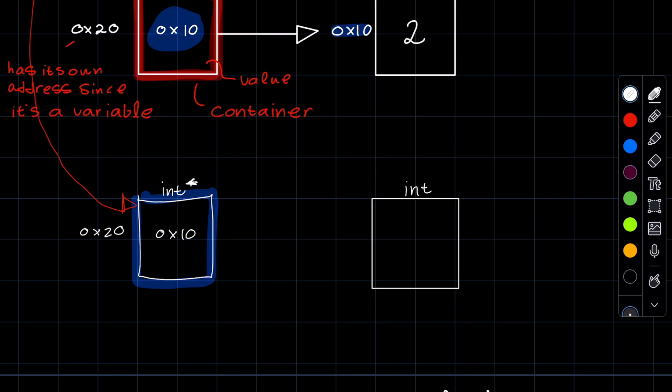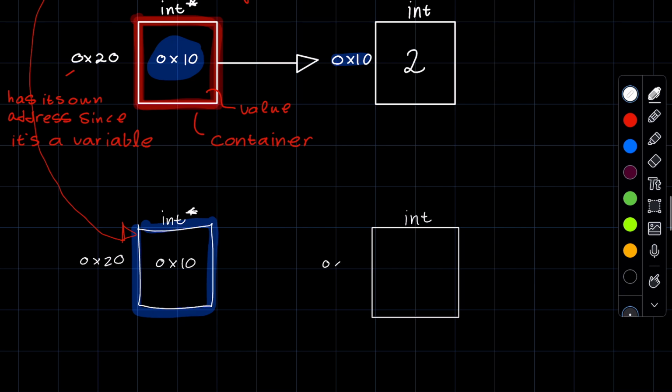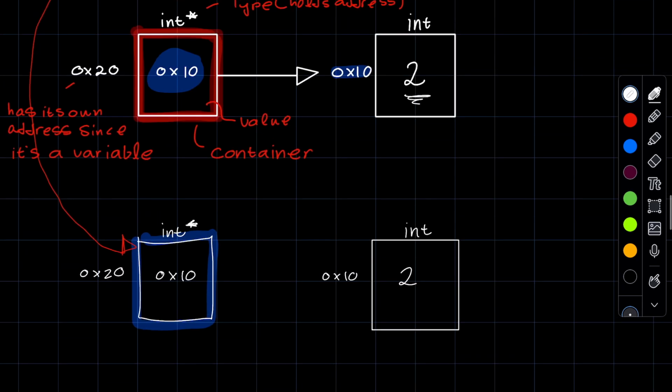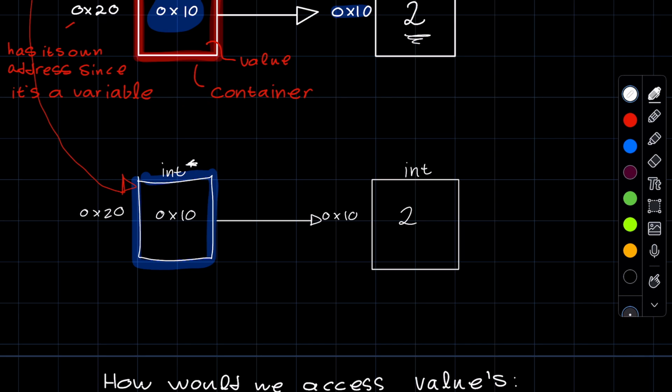It has an address of 0x10 and has a value of 2. So now that we've created this relationship, we can point an arrow to it. This is just a good way to visualize it. You don't actually have to point an arrow inside of the memory or when you're actually coding. It's just a great way to visualize the relationship between a pointer and another variable.